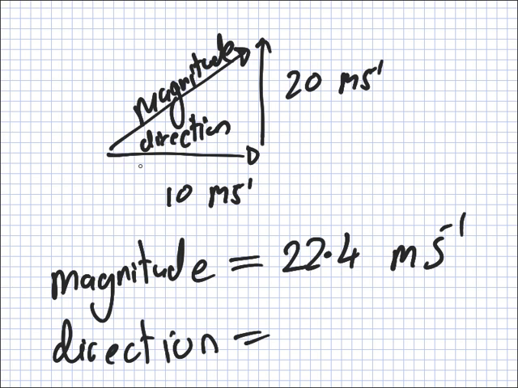The inverse tan of 20 over 10 is 63.4. So it's 63.4 degrees, east 63.4 north.